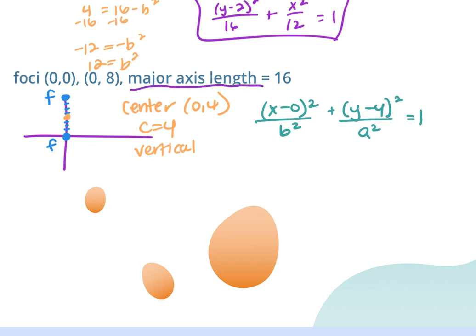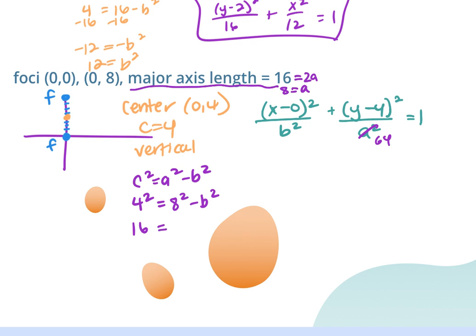Major axis length is 16, so if 2A equals 16, then A is 8. Good. Now I know this one is 64. And C squared equals A squared minus B squared. 4 squared would equal 8 squared minus B squared. 16 would equal 64 minus B squared.